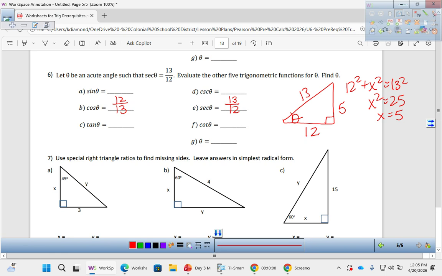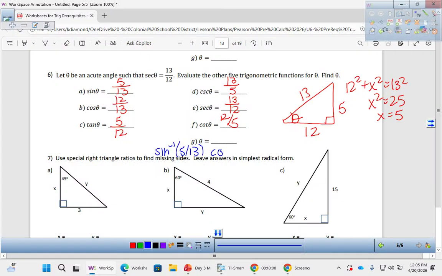Sine is opposite over hypotenuse. And then cosecant is just flipping that. Tan is opposite over adjacent, and cotan is just flipping that. Any of these trig functions will be easy to do. So I could do sine inverse of 5/13.